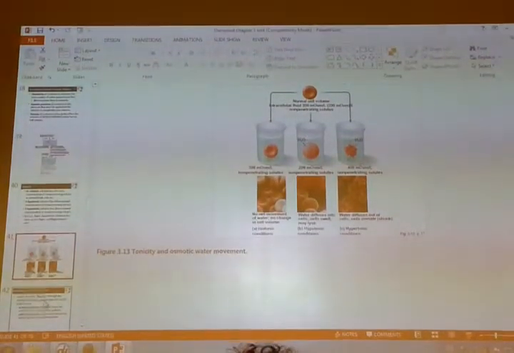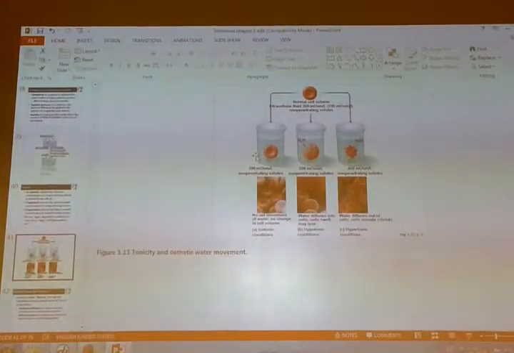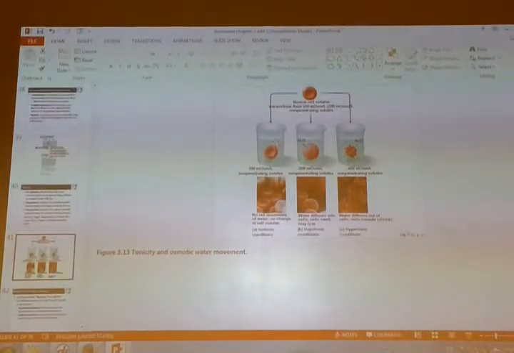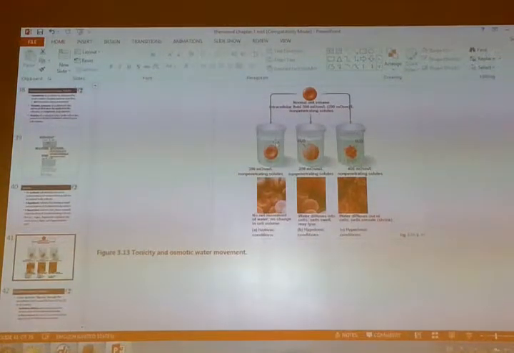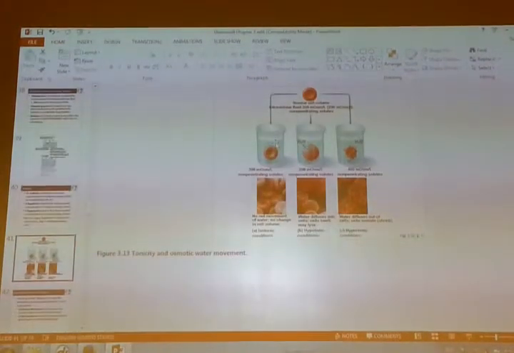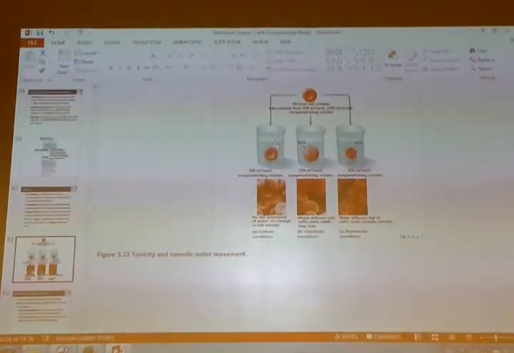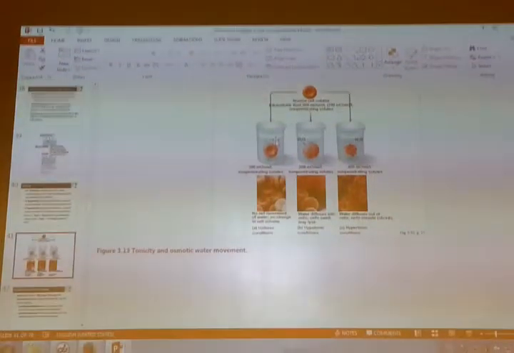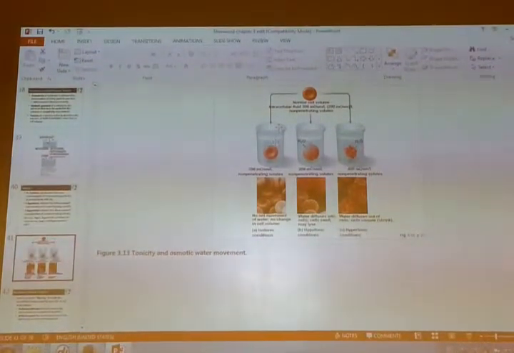Okay, so we got a red blood cell, and we put it in a solution of non-penetrating particles. If the particles are at 300 milliosmoles, then nothing happens. The red blood cell keeps its biconcave shape, and eventually it's going to precipitate out, but in the meantime, it's going to stay in solution far longer than if it's put into a hypertonic solution.